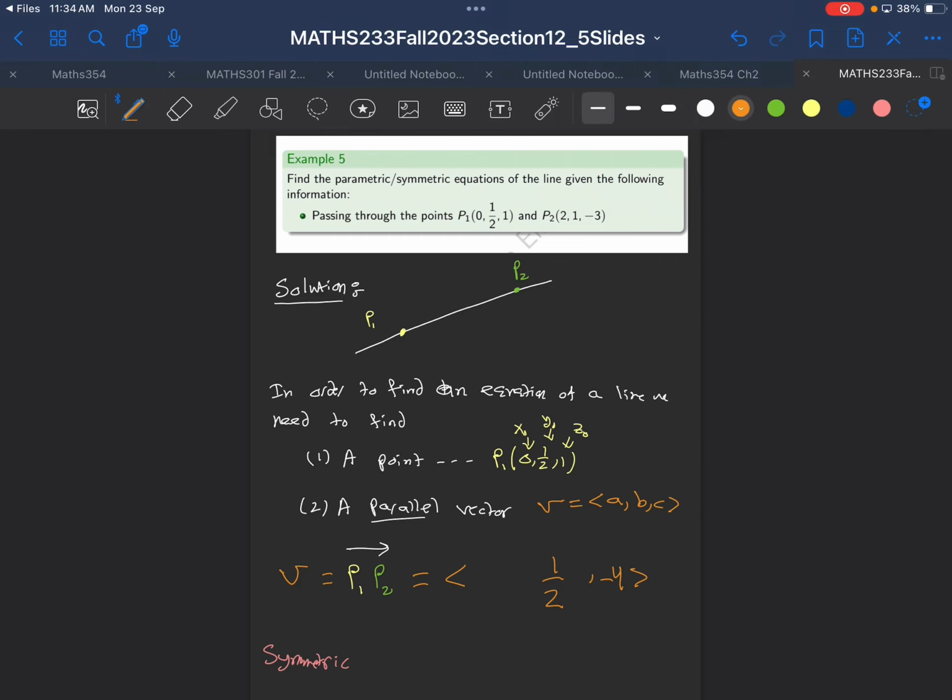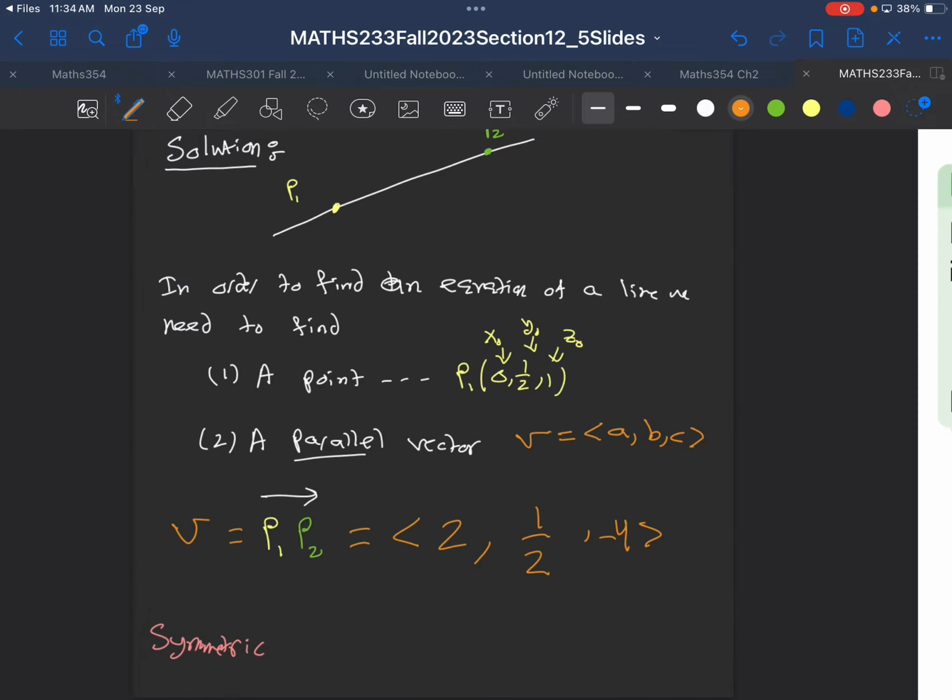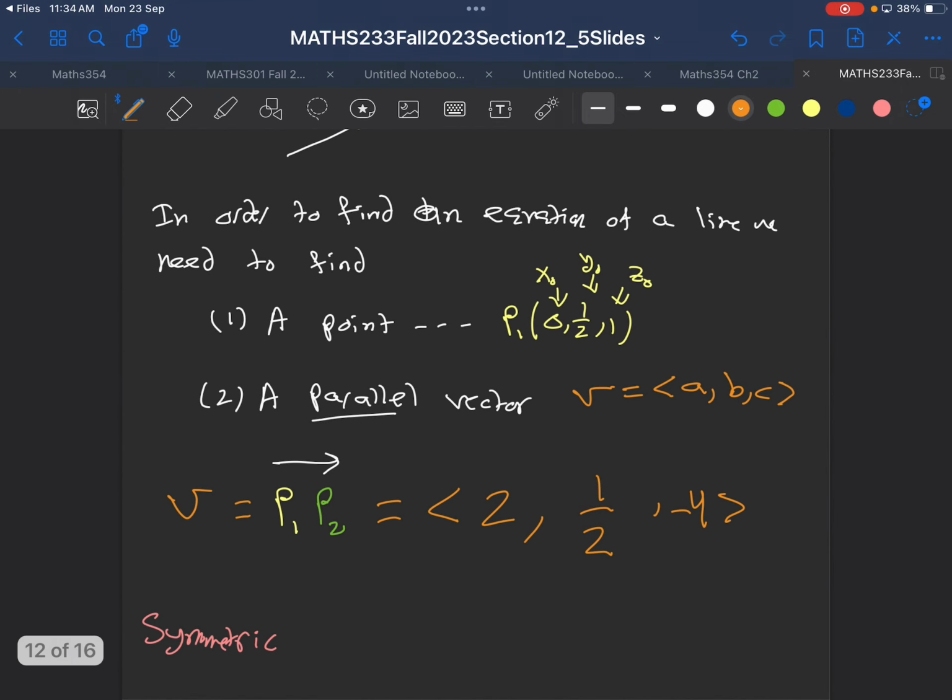So here we'll have 2, half, negative 4. And now we will find the symmetric equation of the line. Now, what is the symmetric equation?